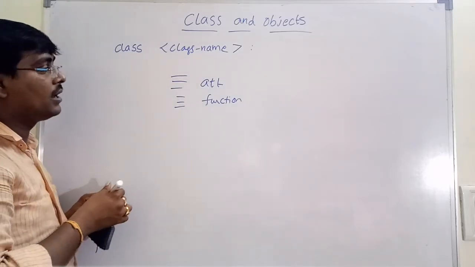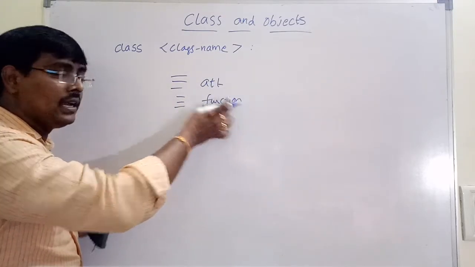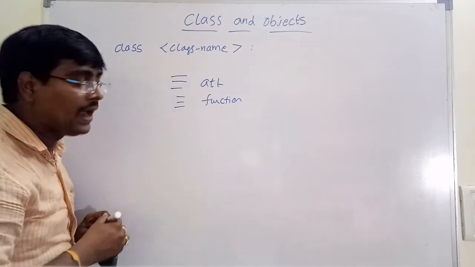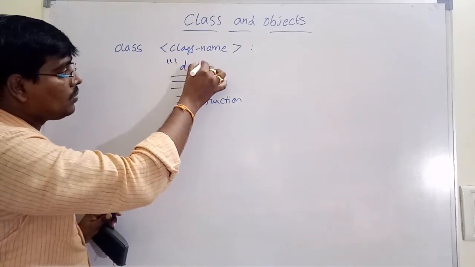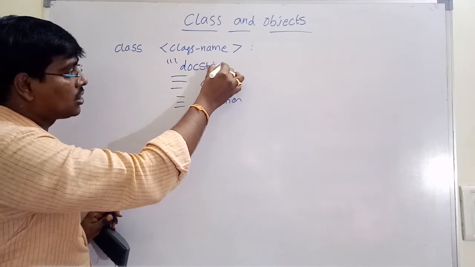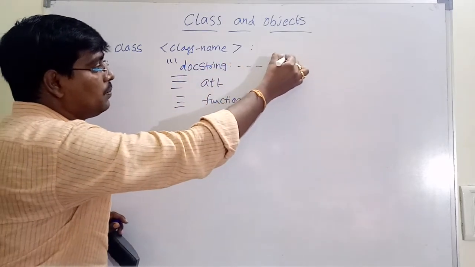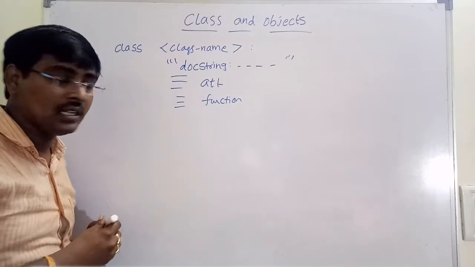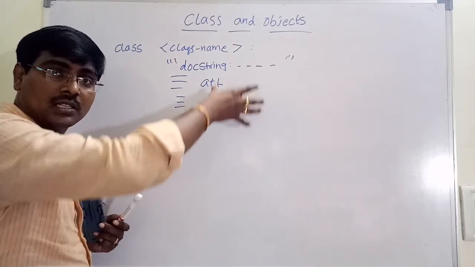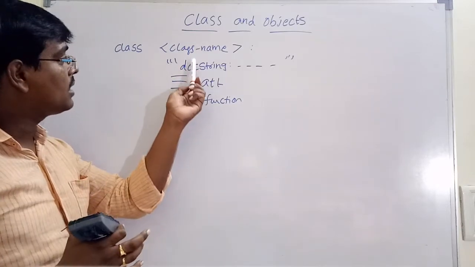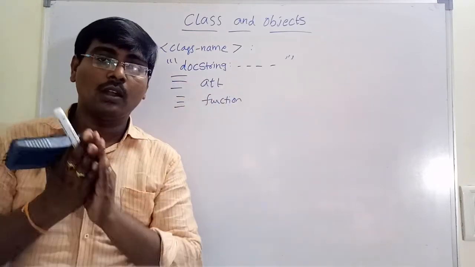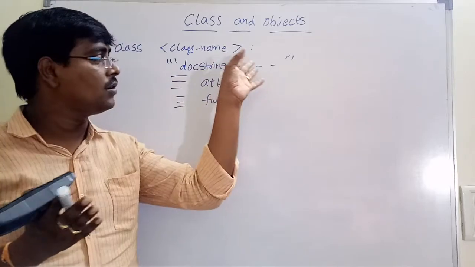Along with them we can also write a docstring, that is simply a message saying this class performs this operation, similar to comments. If you are not writing any docstring, the default value is none.